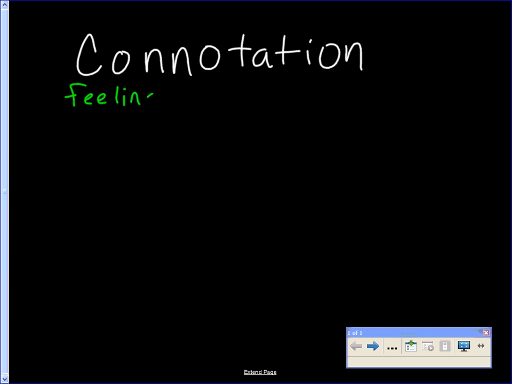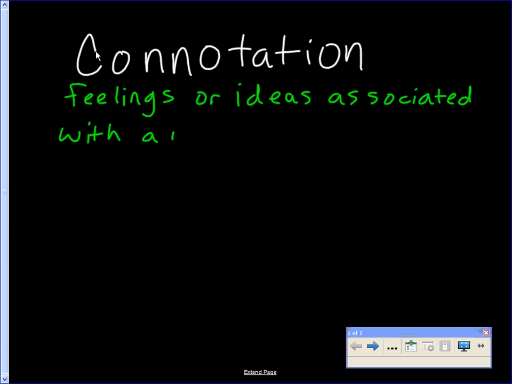Here's your definition. Feelings or ideas associated with a word or phrase.